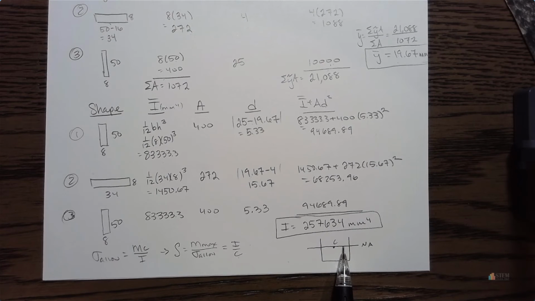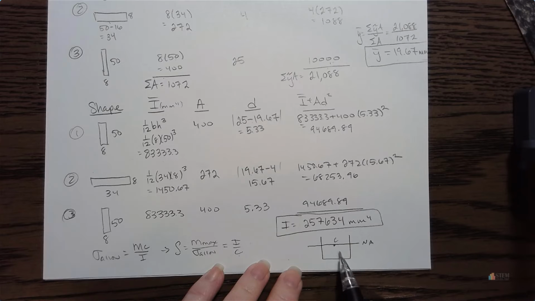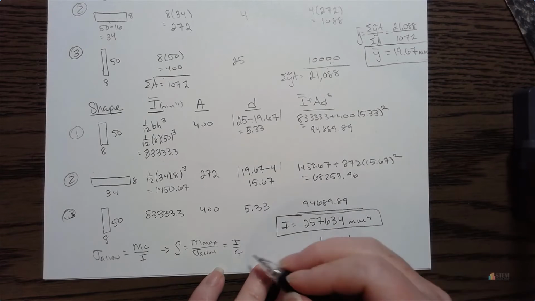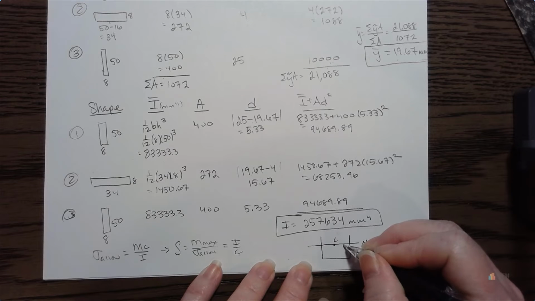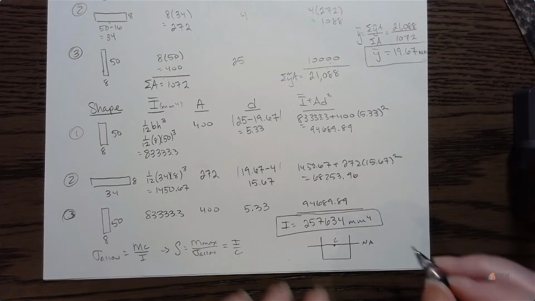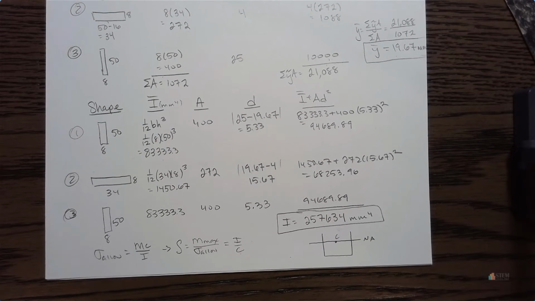This is the dividing line between where we have tension and compression when we've got a bending moment. Either on the top or on the bottom, one of these is going to be tension, and the other side would be compression, or vice versa. That neutral axis is that dividing line. And then that distance C is measured from the neutral axis to the top or the bottom of the body. Okay, so let's go ahead and calculate that.